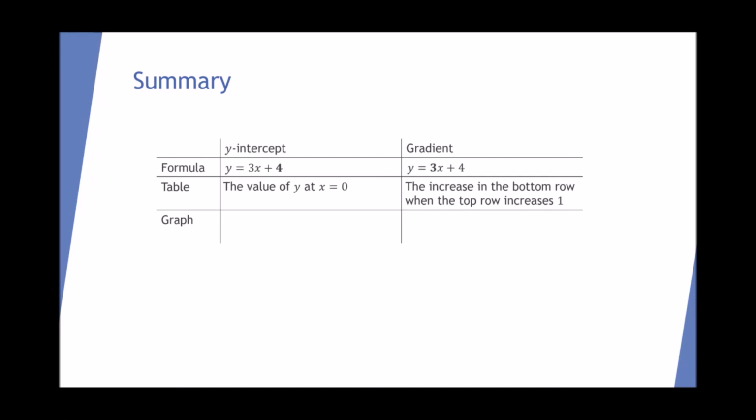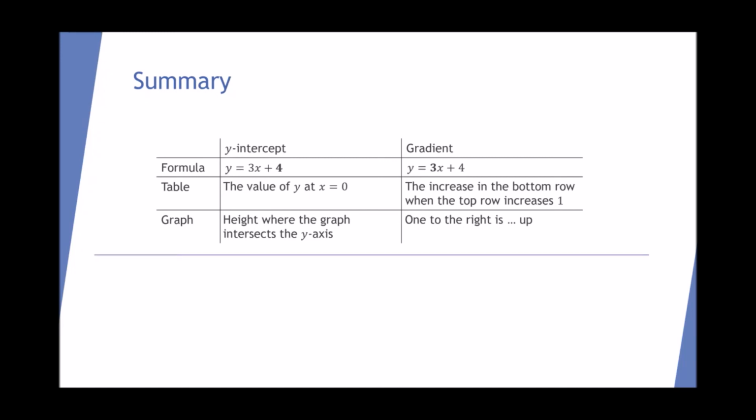Then last but not least, in a graph, the y-intercept is the height where the graph intersects the y-axis. And our gradient is the answer to: 1 step to the right is how much up? Again, this can also be negative. Then you go -5 up, which means 5 down, but then -5 would be the gradient. So that's a summary for y-intercept and gradients.